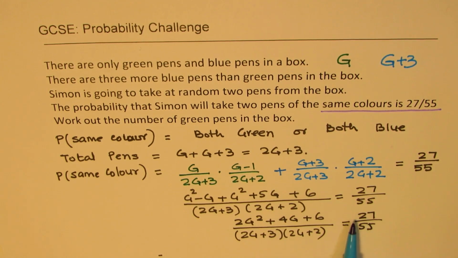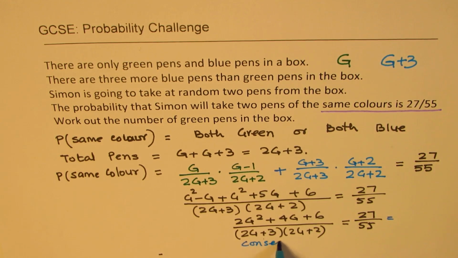If I look into this fraction, we could write an equivalent fraction, because 55 has only two factors, 5 and 11. But in the denominator, what you notice here, the difference in the two numbers is 1, right? So this is 2G plus 3 and this is 1 less. So we're looking for denominator to be product of two consecutive numbers, right? So these two are consecutive numbers.